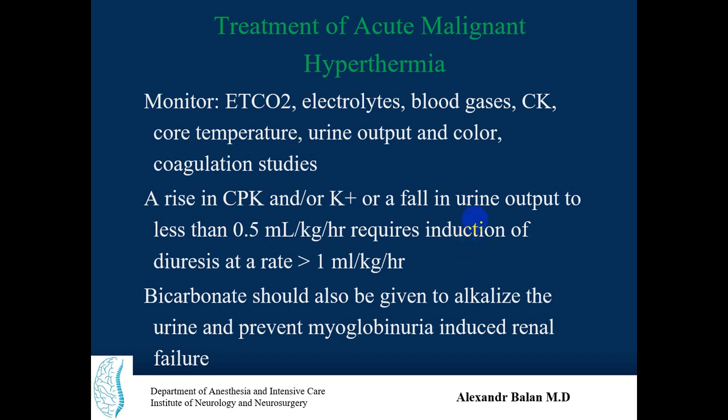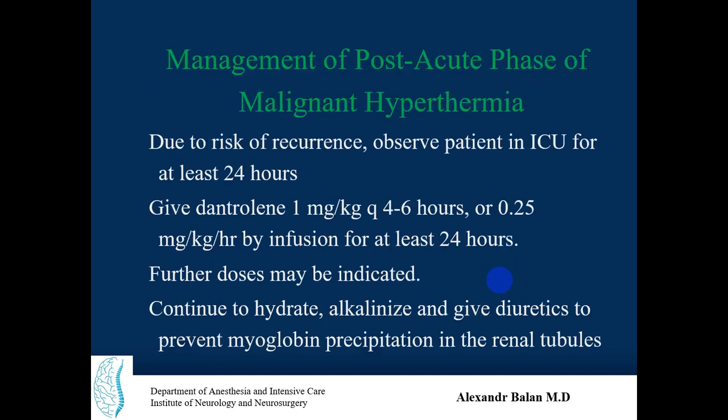So you have to infuse the patient a little bit more solutions like normal saline or whatever you want, and increase diuresis to eliminate this creatinine phosphokinase and myoglobin, that can accumulate in the renal system and block the kidney with anuria.